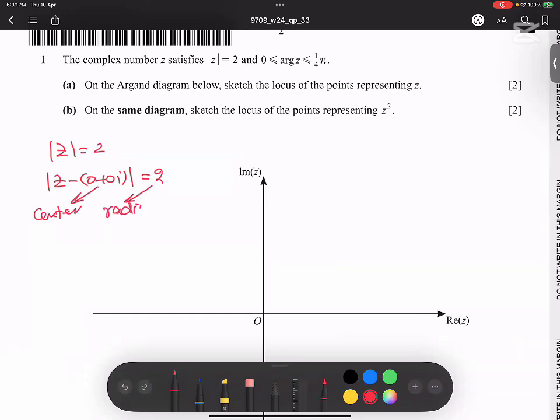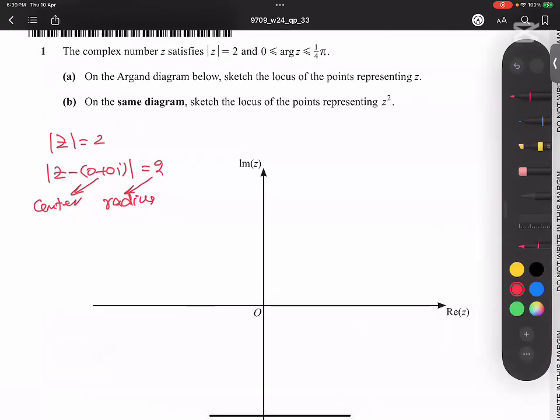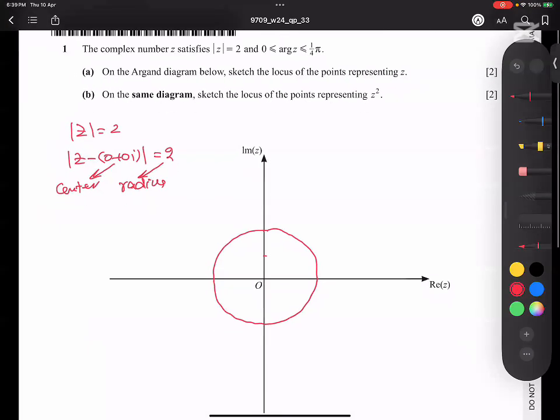So radius. If I sketch it here, naturally I will get, let's say, 1, this 2. This is a circle of radius 2, with 2, negative 2 on the axes.